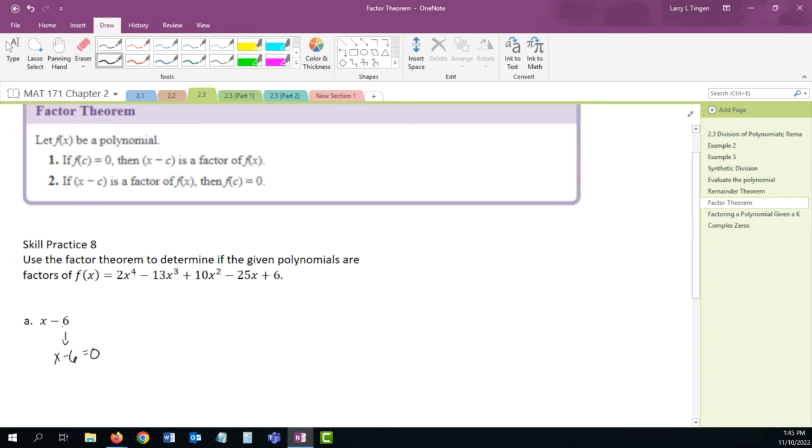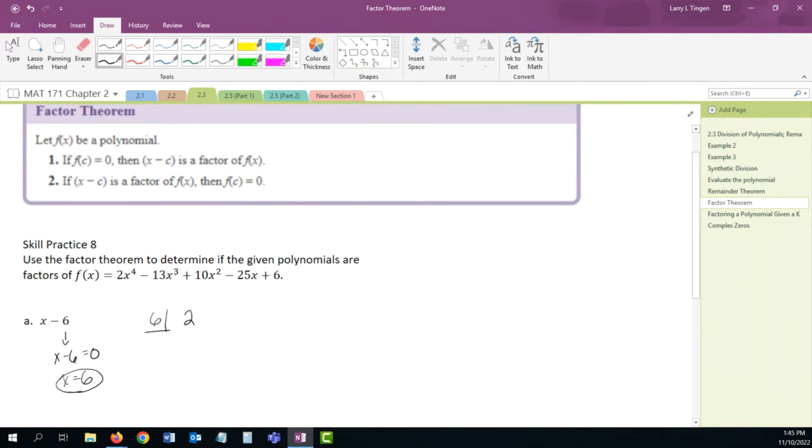What is c here? Remember the form here is x minus c. In this one, c is 6. Is everybody cool with that? 6 is what makes x minus 6 go to 0. So c goes in the box.